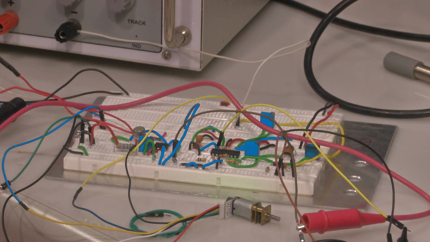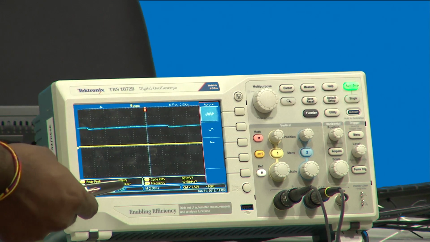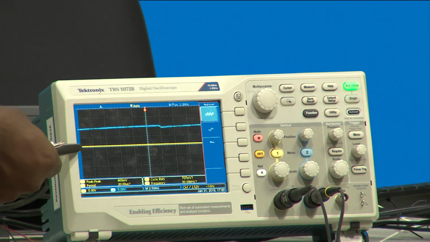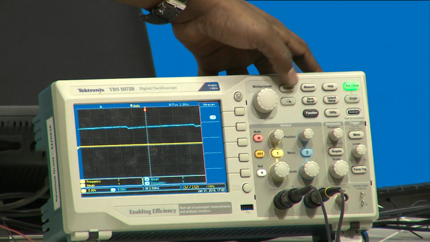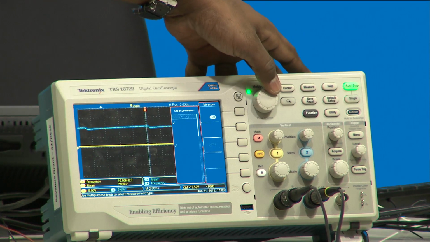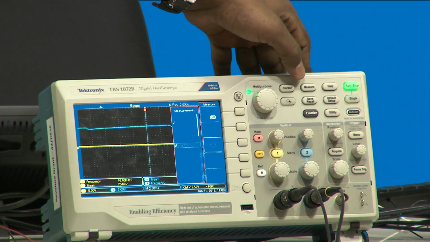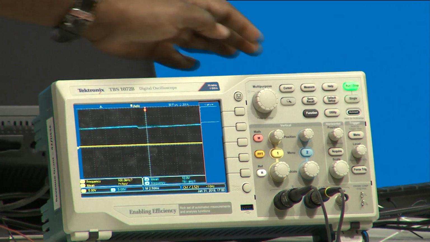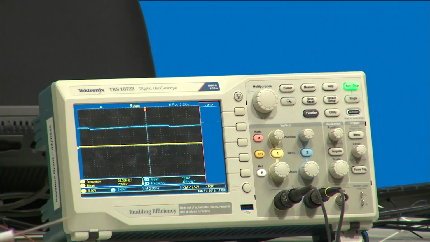When we look at the CRO, right now the setting is 5 volts per block. Let me keep the cursor and measure channel 2, the mean value. We are getting a mean value somewhere around 9.9, approximately 10 volts.